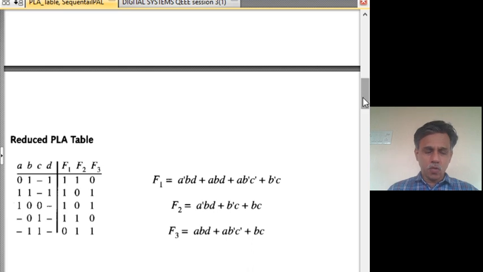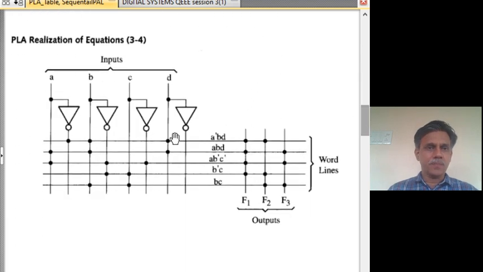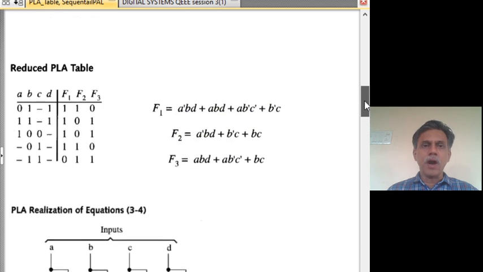So if you go in for the corresponding realization, this is how it will be: A dash B D, A B D and so on, and they are ANDed and ORed together to generate F1, F2, F3. This kind of joint minimization is what one looks for in the realization of a programmable logic array.